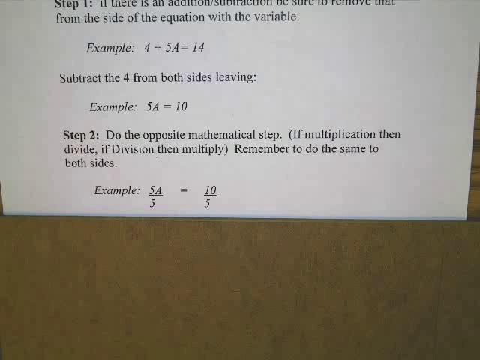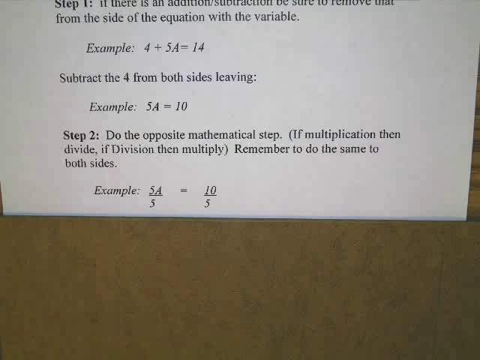And remember what I told you to begin this: we want to find 1 and the variable. So 5 divided by 5 will give us 1a, which we can write as a, because 1 times a number is that number.